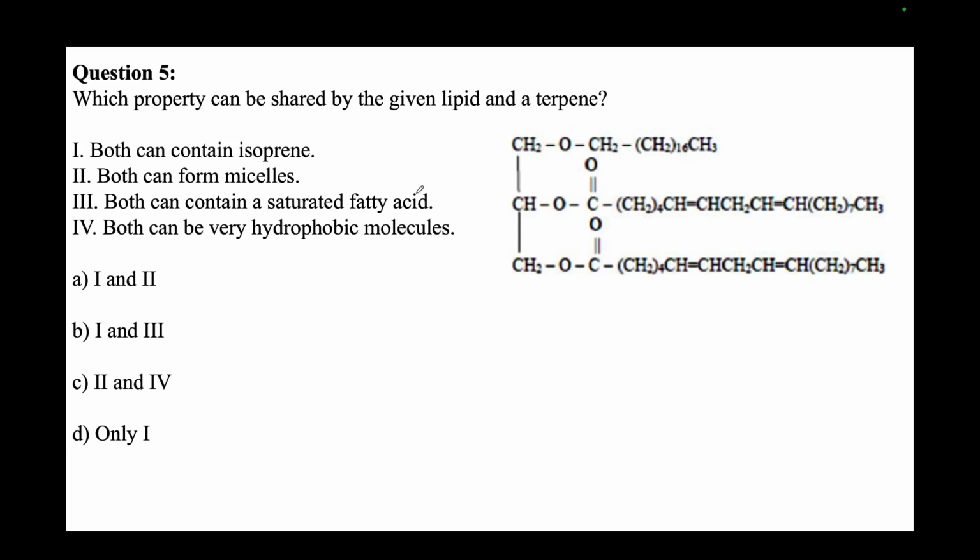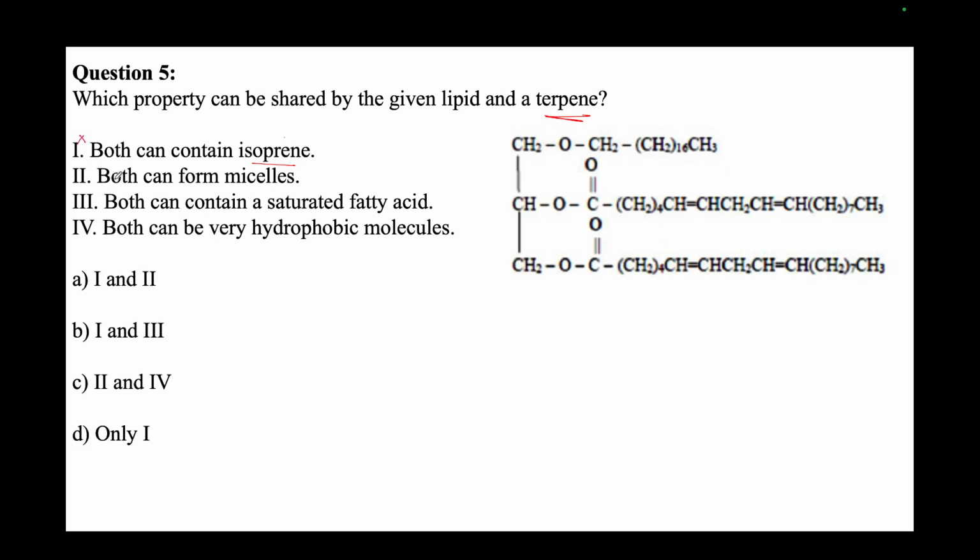So what would be similar between a lipid and a terpene structure? Terpenes are actually a class of isoprenes. So terpenes have isoprene, but there is no isoprene structure in this whole lipid, so this will not be the property that both are sharing.